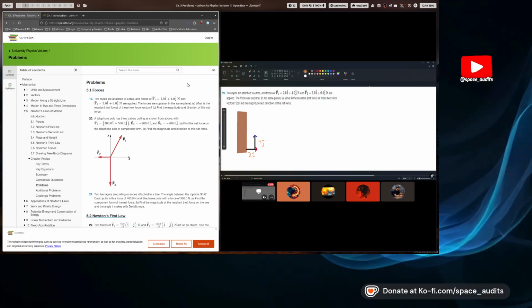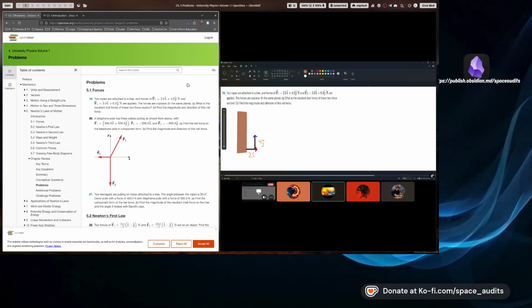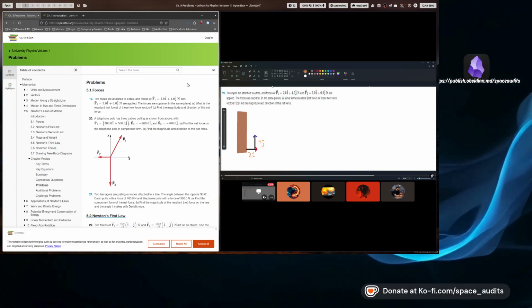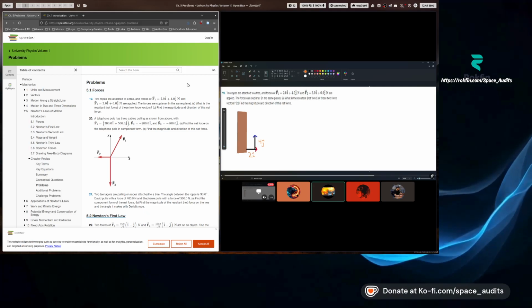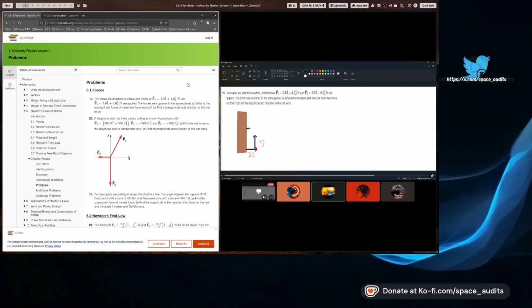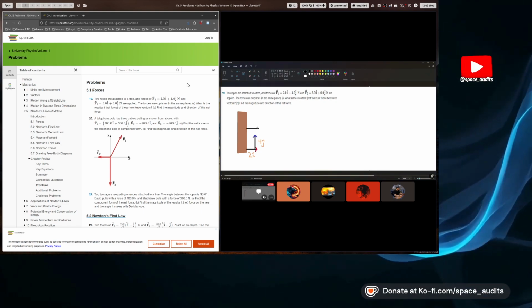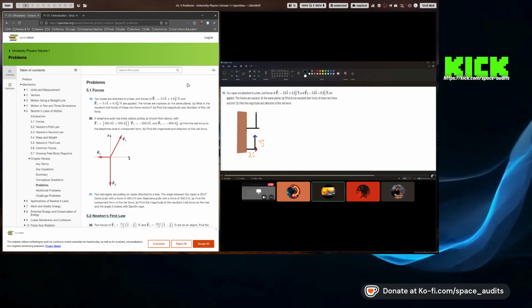We've also got another set of forces, which is 3I and 6J.